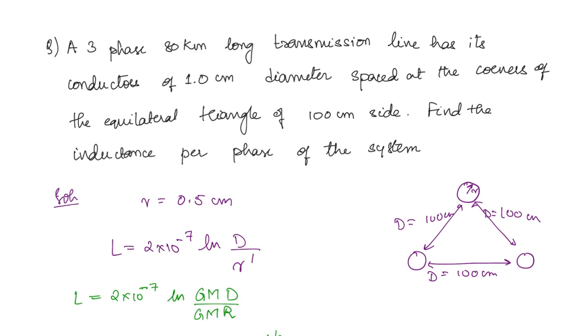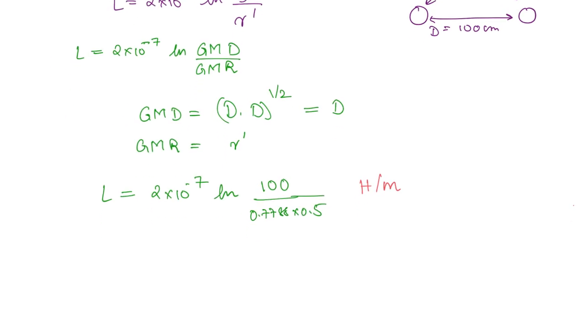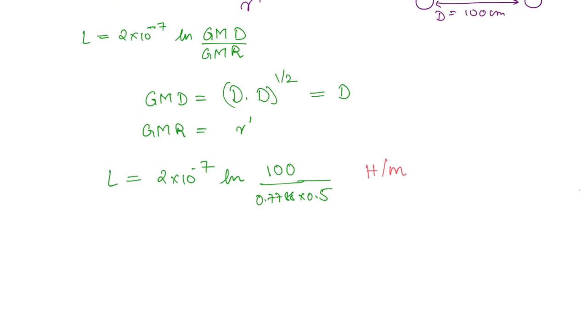But here what they are asking is the entire inductance per phase for the 80 kilometer long line. So you just have to multiply with the length, okay?